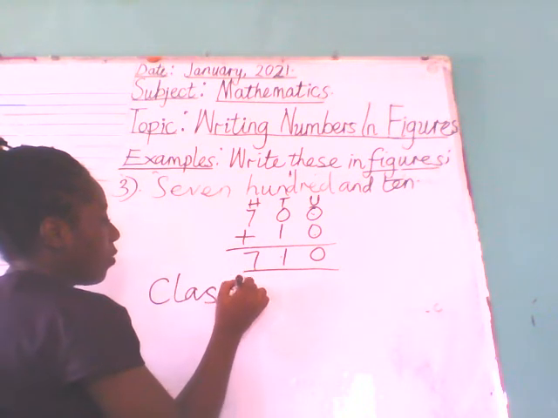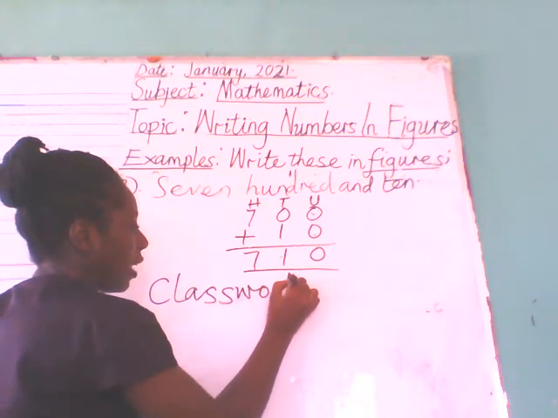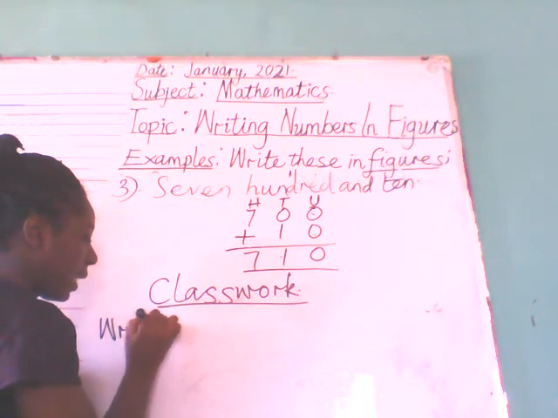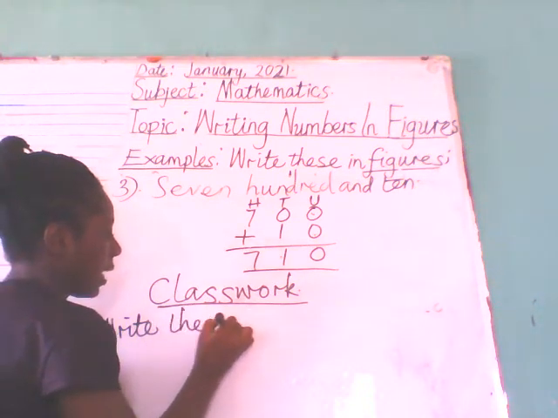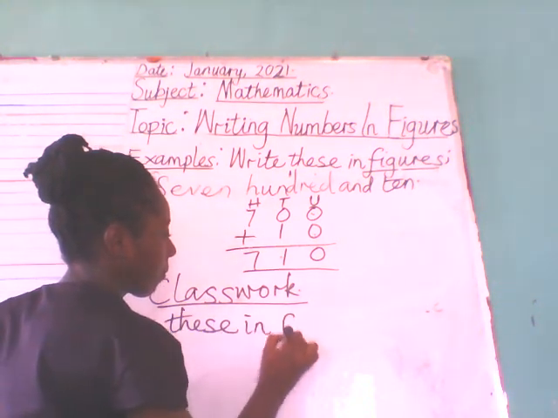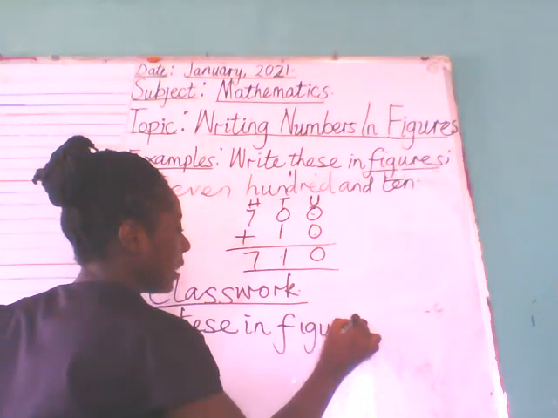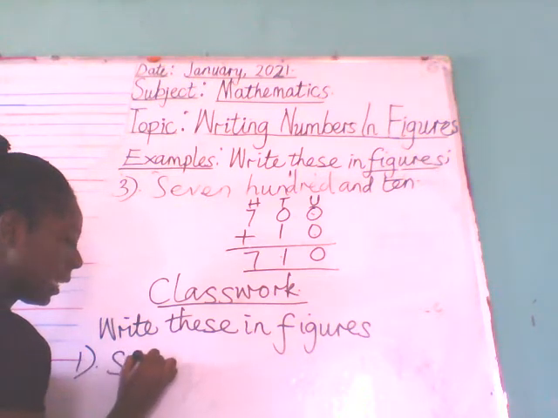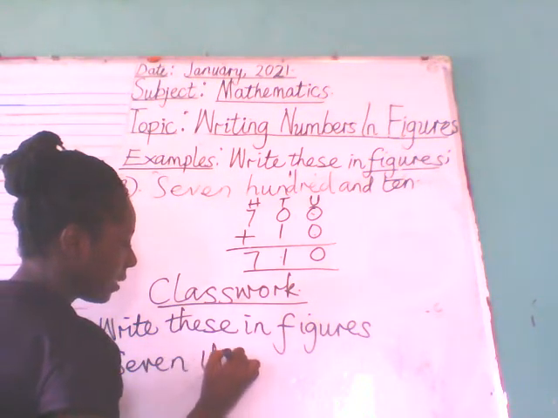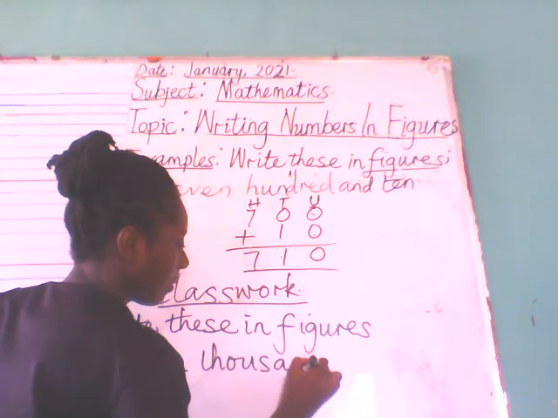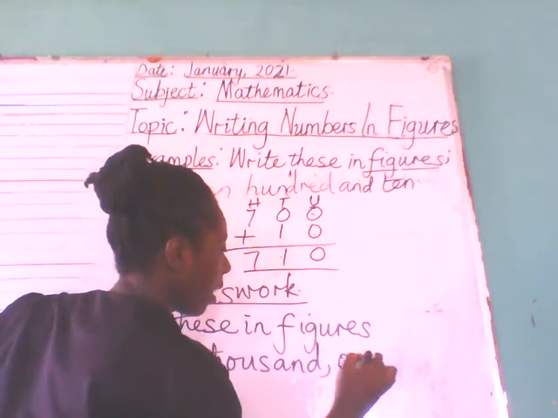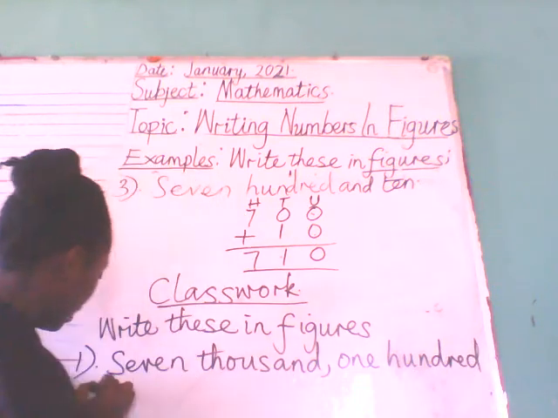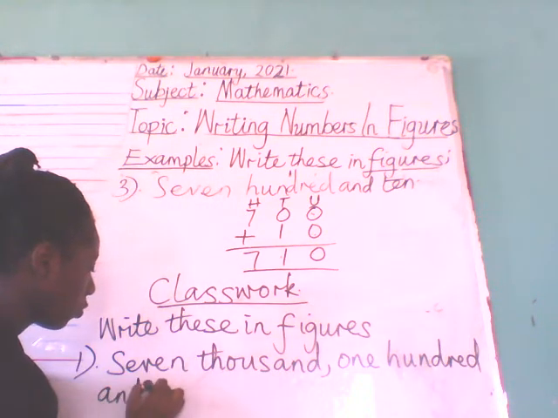With this, you now have your classwork. You have to do your classwork and submit. Your classwork says, write this in figures. Number 1, you have to write 7,100 and 12.